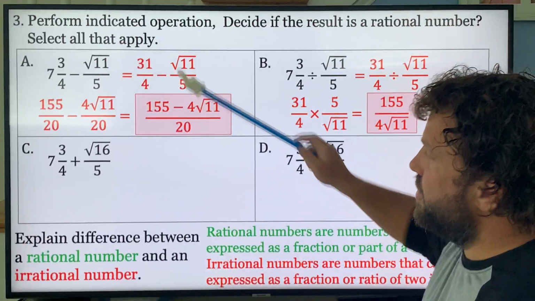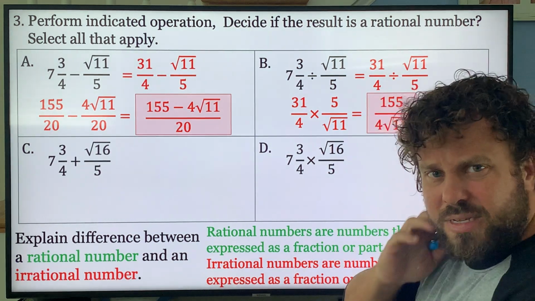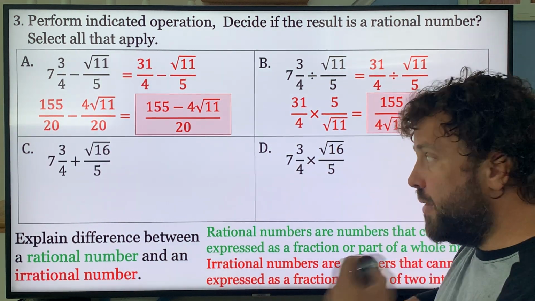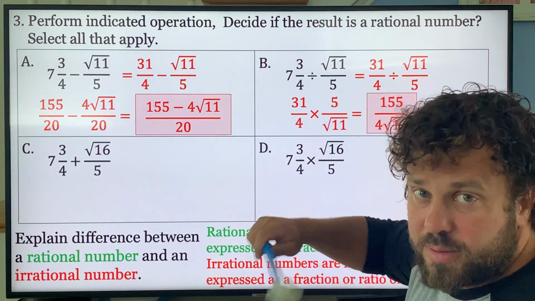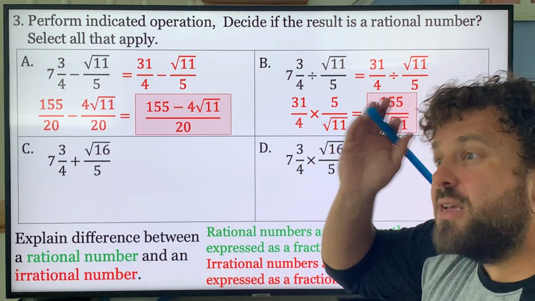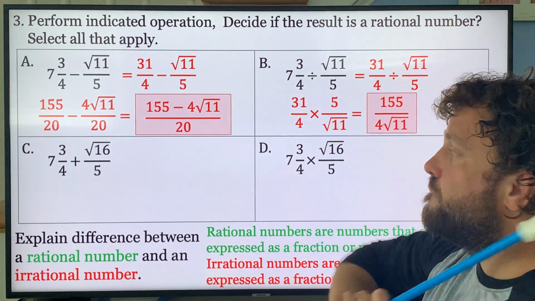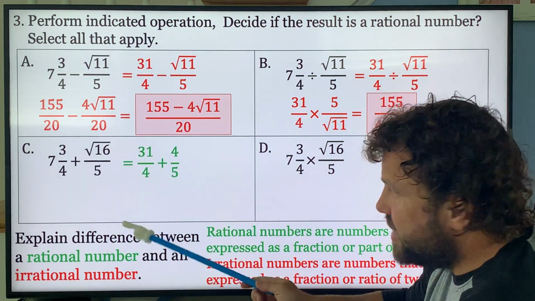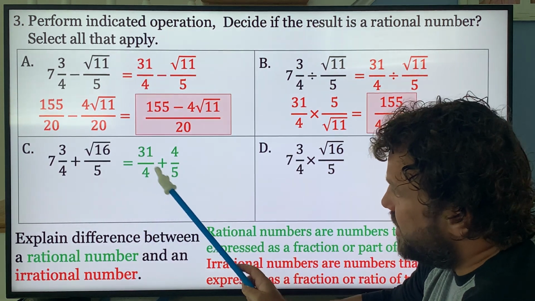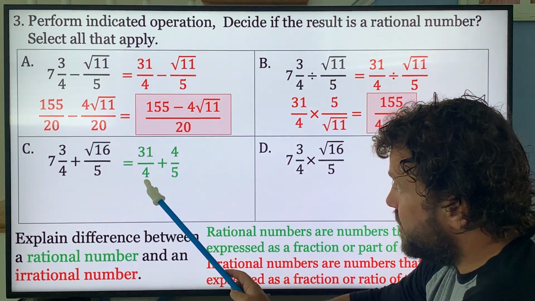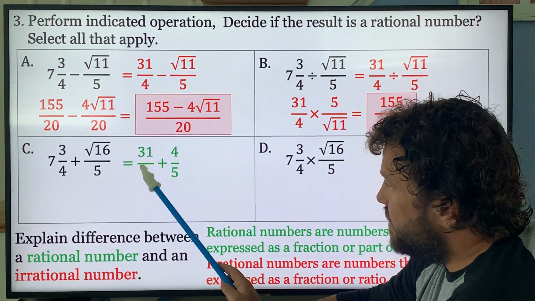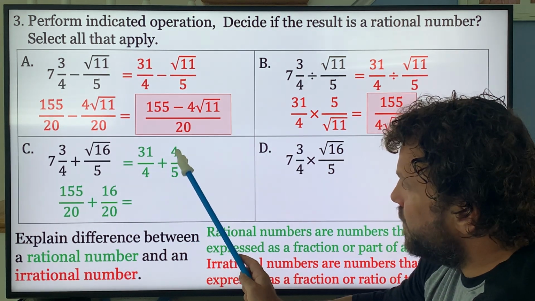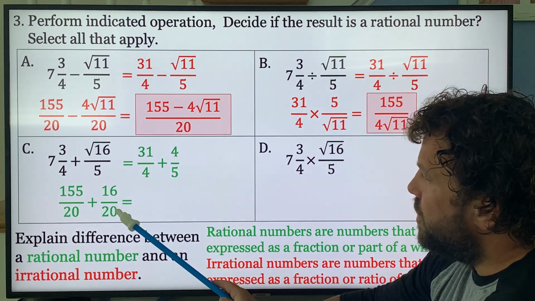Right there, once again, 31 over 4 plus, well, what's the square root of 16? When you take the square root of a perfect square, you get a whole number answer. Square root of 16, what times what is 16? 4. So now I'm actually adding two regular fractions. Once again, you want the denominators to be equal, so you want them both to be 20. So 5 over 5, this becomes 155 over 20. 4 over 4, 4 times 4 is 16 over 20.